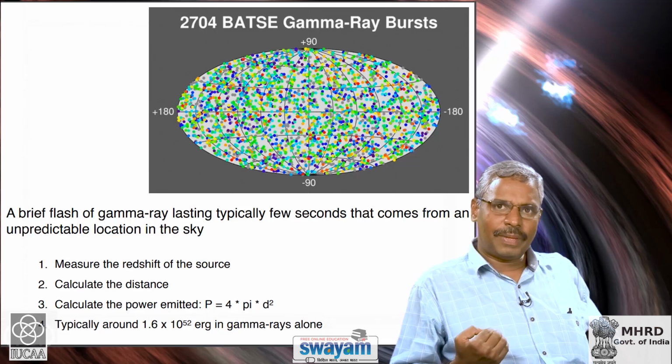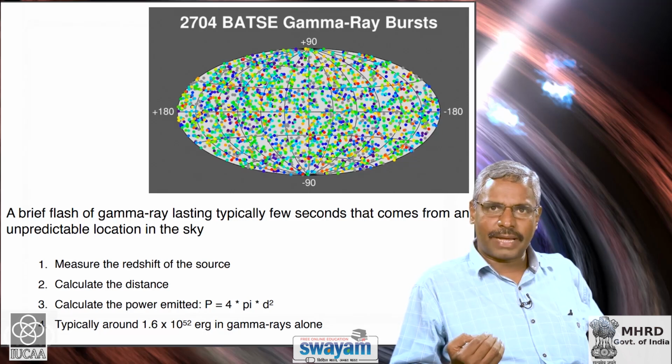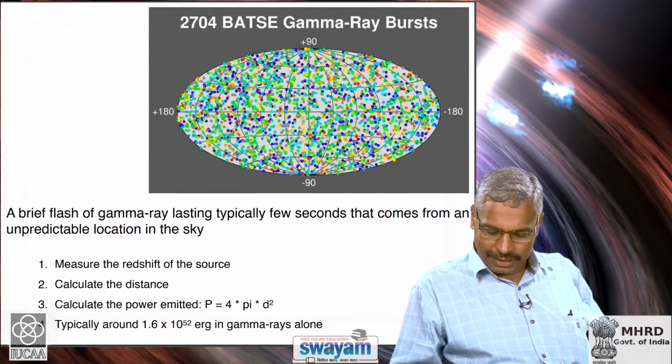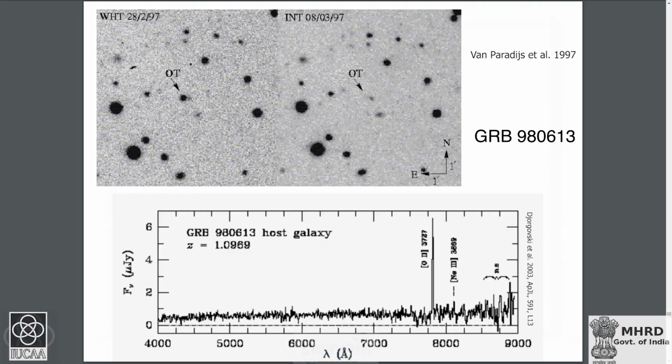When people probed further, it was found that these sources emit an enormous amount of radiation, with power of around 10 to the power 52 ergs only in gamma rays. These objects show afterglow radiation in optical, X-ray, etc. What is shown on the top is the image obtained from a gamma ray burst at two different epochs.